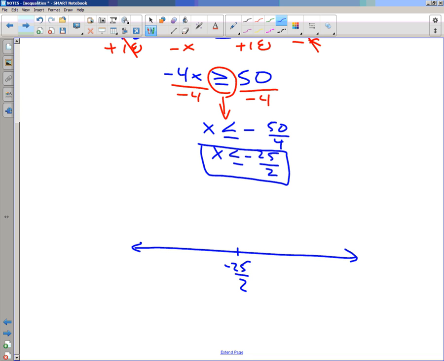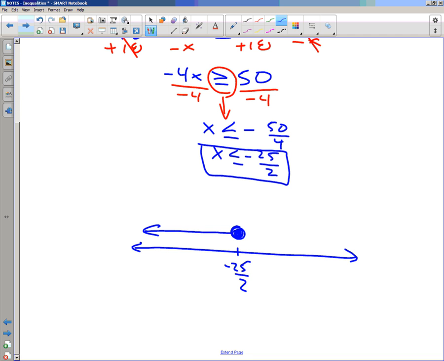We want to keep the parts of the number line that are less than that, so to the left, and we want to keep the negative 25 over 2, so I'm going to use a closed circle and then just draw a graph going off to the left. I know some of you like to draw that right on the number line. I'd encourage you to draw it above just because it's going to make things a little bit easier when we get into compound inequalities and inequalities with absolute values.